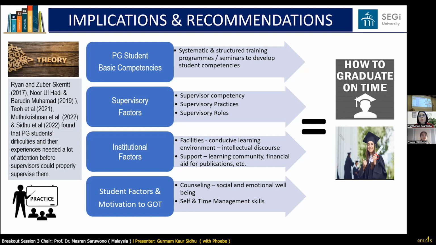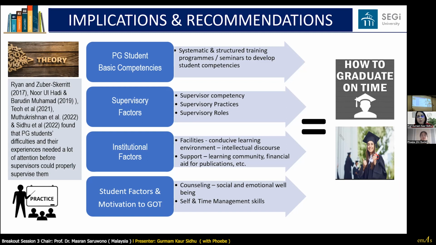Likewise, postgraduate supervisors need to be provided training, and they need to remain as active researchers in their field of interest. As for institutional factors, conducive learning environments are very important so that we can build learning communities. At the same time, students have asked for financial aid for seminars, conferences, and publications.